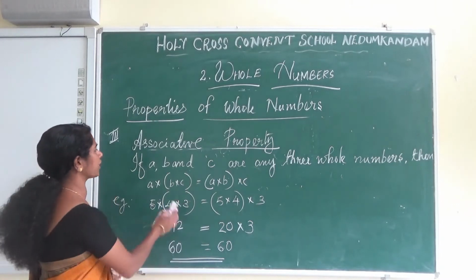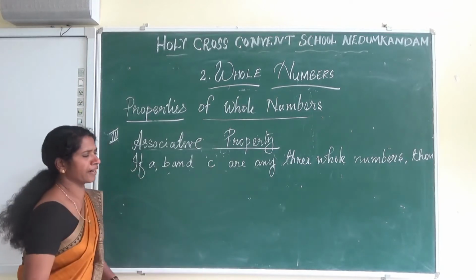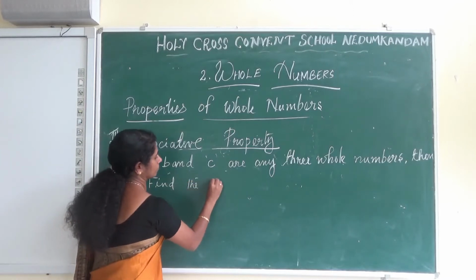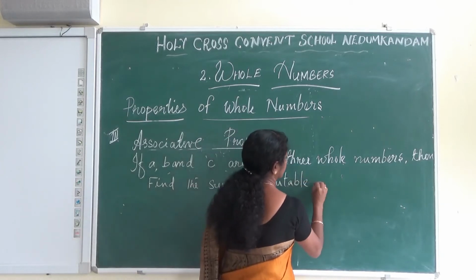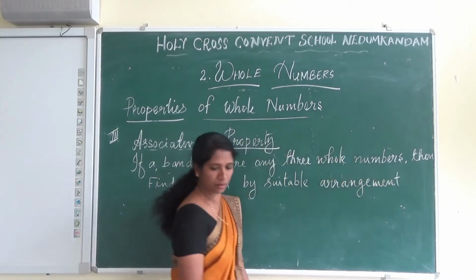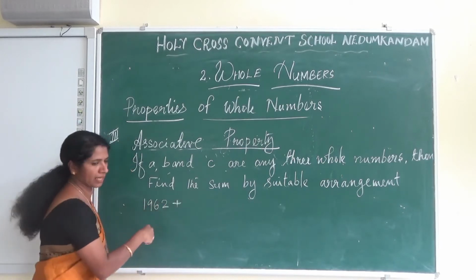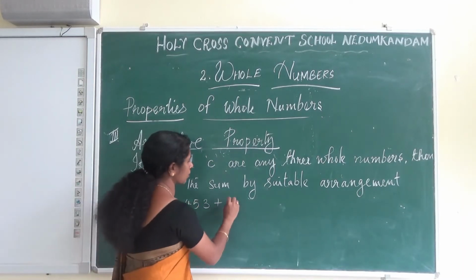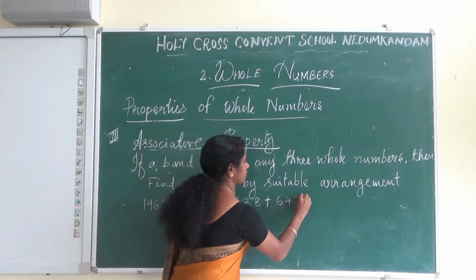Find the sum by suitable arrangement: 1962 + 453 + 1538 + 647.